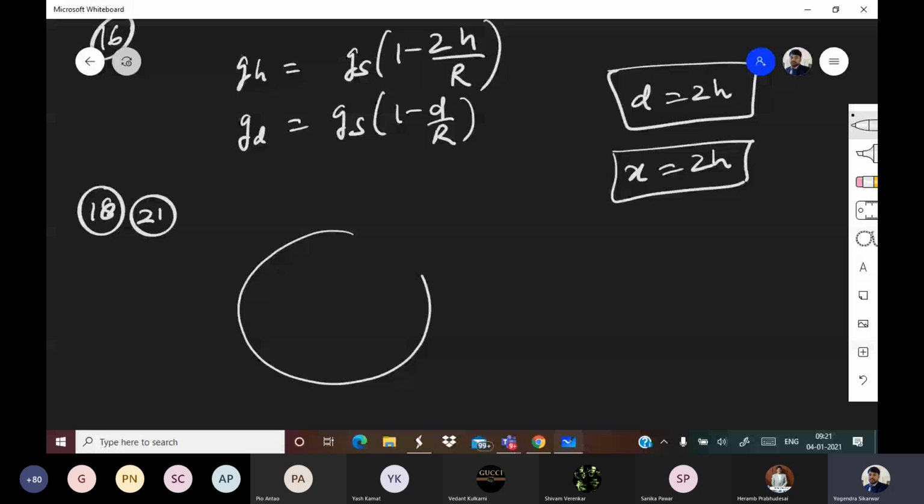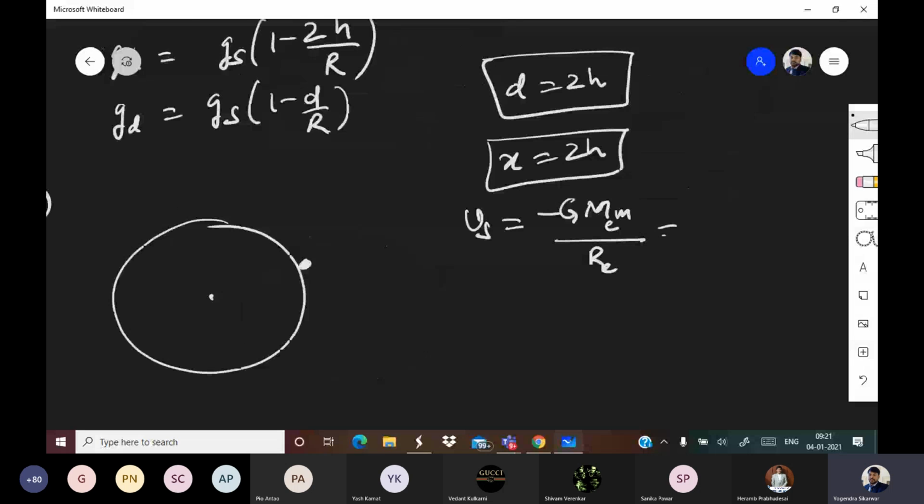So U surface is minus G Me m upon Re, correct? And this is given as minus mg into Re, equation number 1.